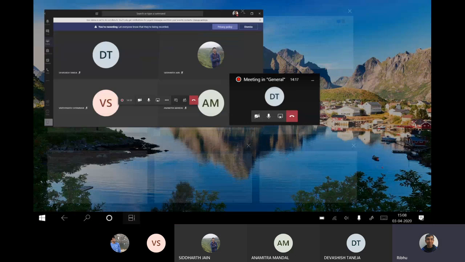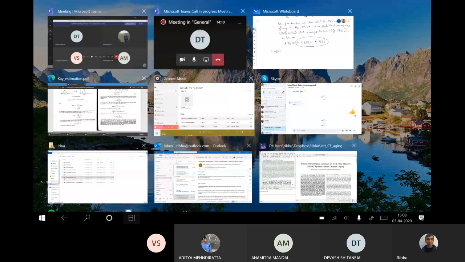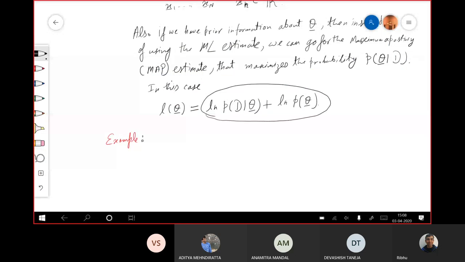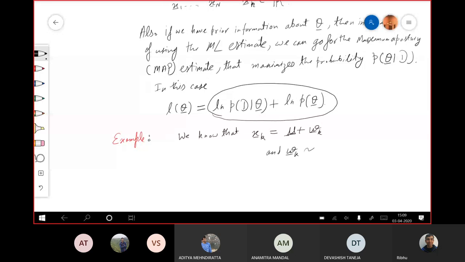Let's consider this example where xk equals some mu plus noise.